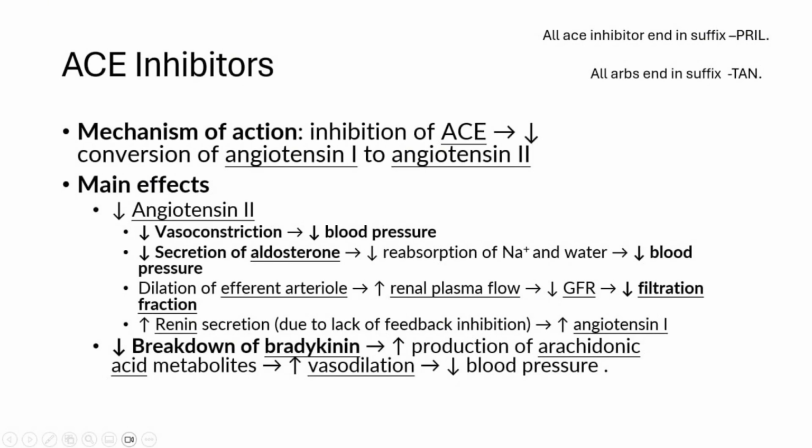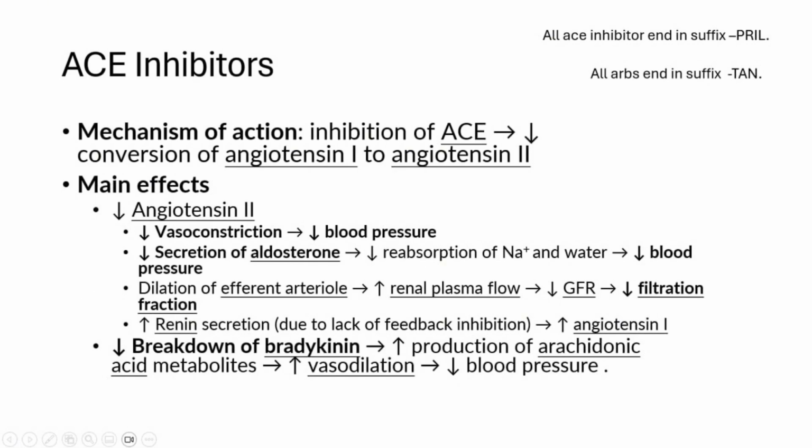This will inhibit the ACE enzyme, that is the angiotensin converting enzyme, which will decrease the conversion of angiotensin 1 to angiotensin 2. The main effects are less angiotensin 2 in the blood, that will cause less vasoconstriction, that will cause less BP, that will cause low secretion of aldosterone. Aldosterone is responsible for taking sodium and water inside the body.